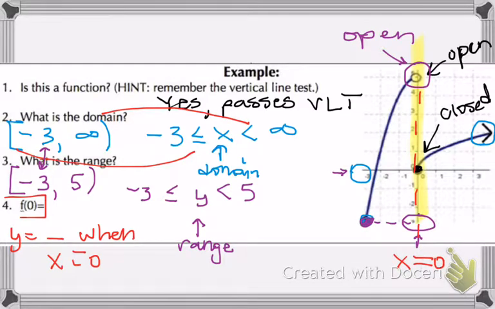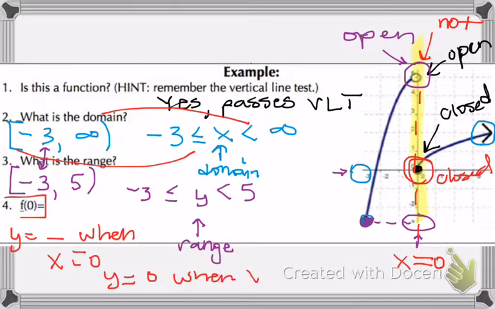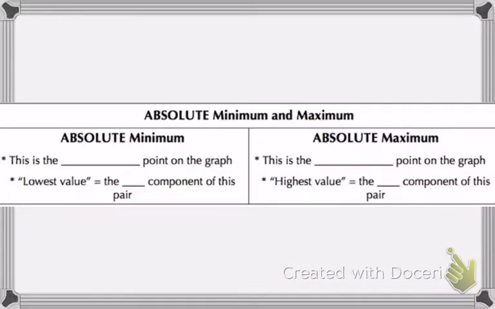So the y value of the function when x equals 0 is this right here because it's closed. It's not that one because it's open. So y equals 0 when x equals 0 would be the answer for that one.